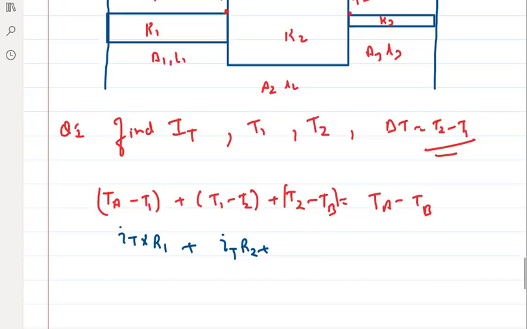Right, everyone? And this is equal to TA minus TB.